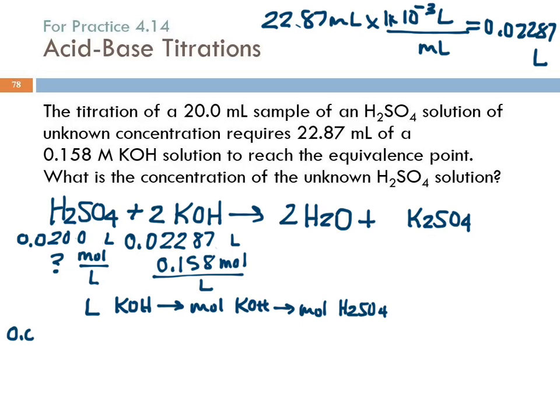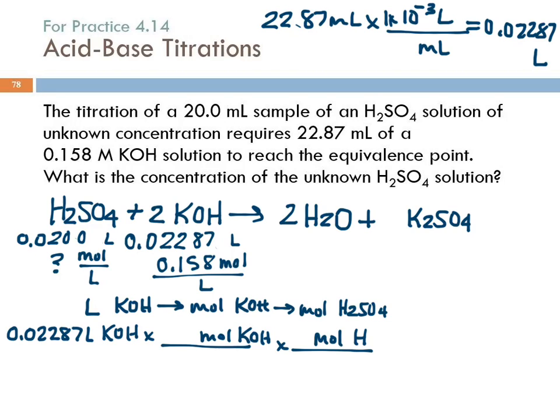So I have 0.02287 liters of KOH. And I'm going to go to moles of KOH and then moles of H2SO4. So I've got liters down here, liters of KOH, and those units are going to cancel out.